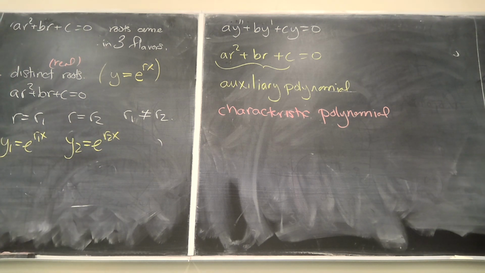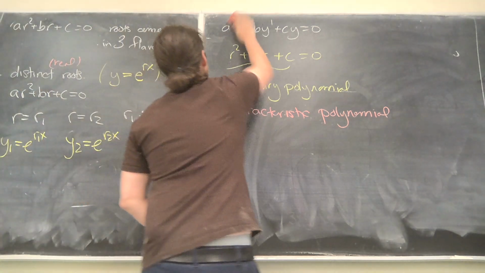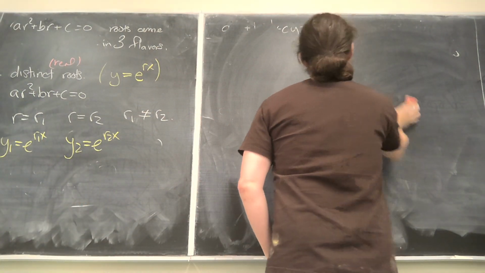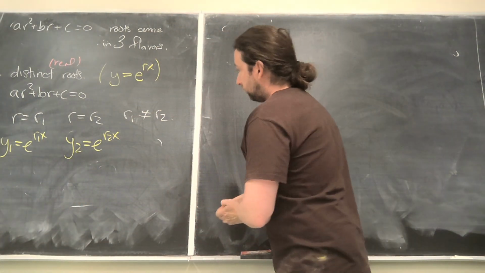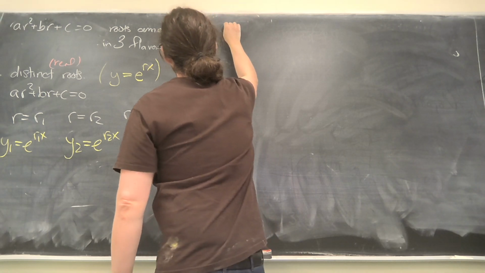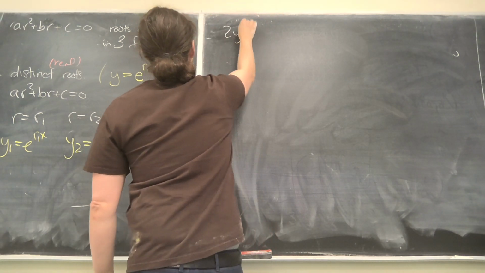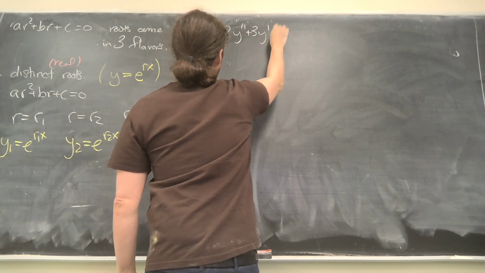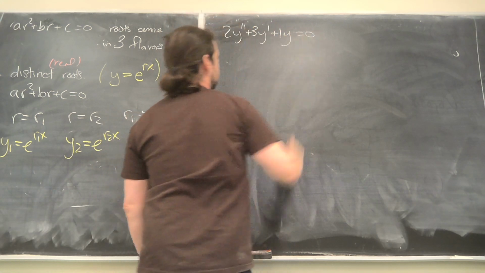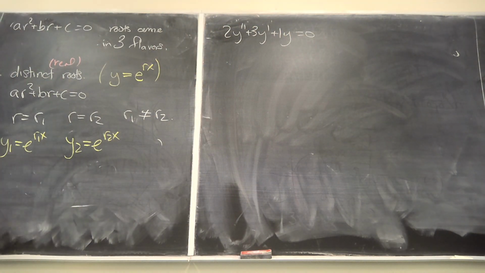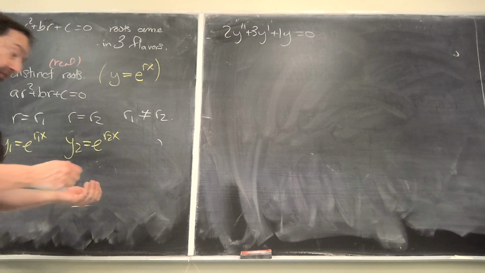To give a specific example here, we did a bunch of this last time. That would be like saying if you have the equation, let's do this one, how about 2y prime prime plus 3y prime plus 1y is equal to 0. You verify that it is a constant coefficient linear homogeneous differential equation, which it is.